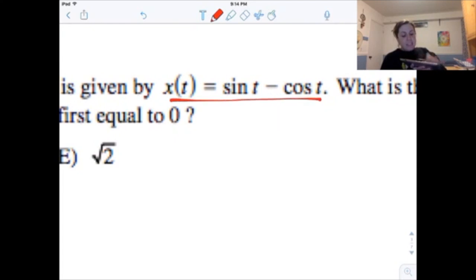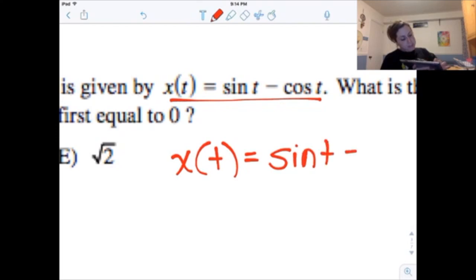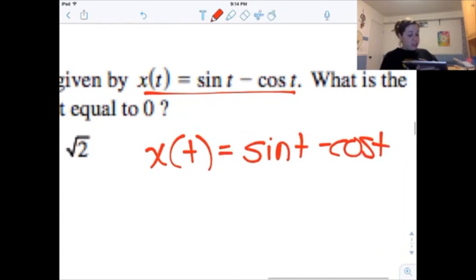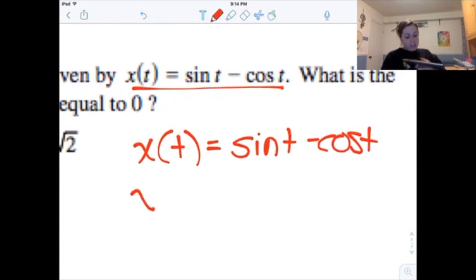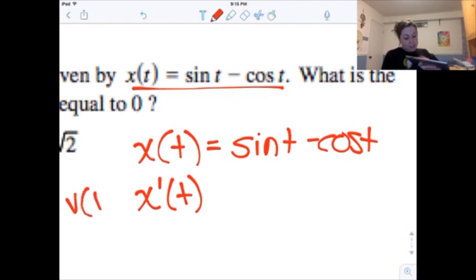So if this is x of t, that's position. So x of t is sine t minus cos t. I know that the derivative of position is velocity, but I can't just say, oh, this is v of t, because that's not a defined function here. So I'm going to say that this is x prime of t. If you would like to define that as v of t, you may, but you have to at some point say that equals x prime of t.